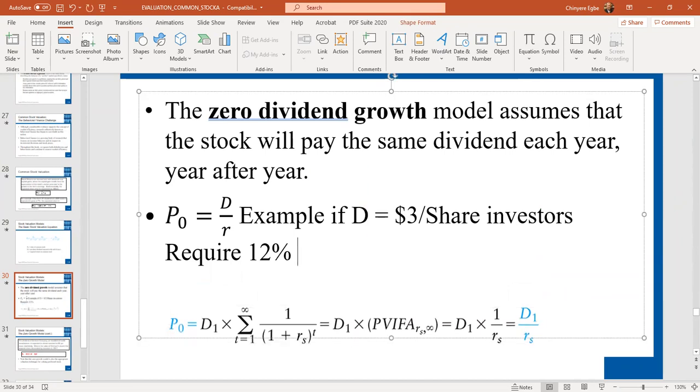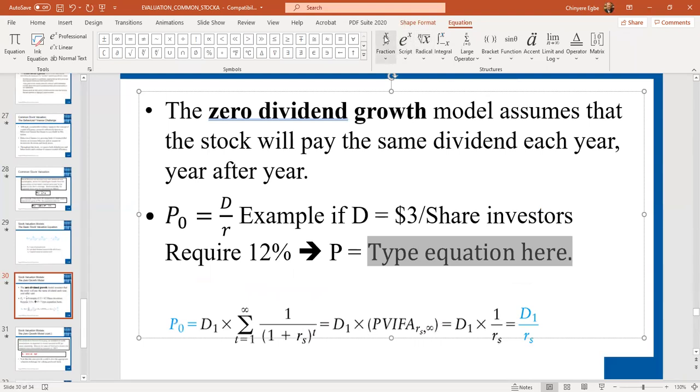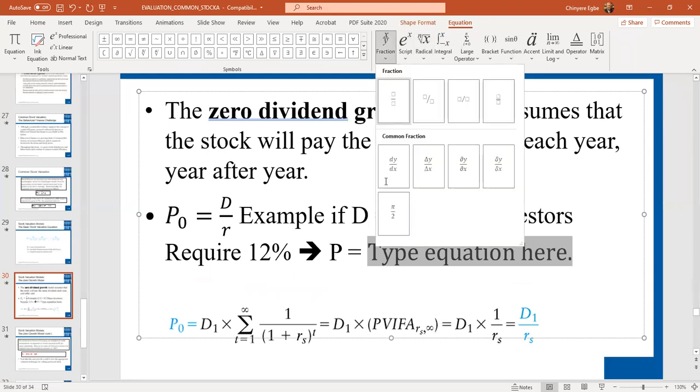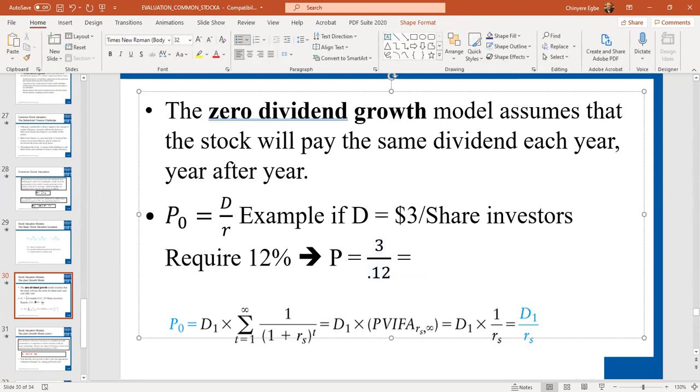that means the price of the asset will be three divided by 0.12, which is the required rate of return. And what does that give us?